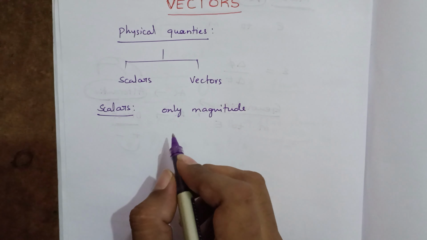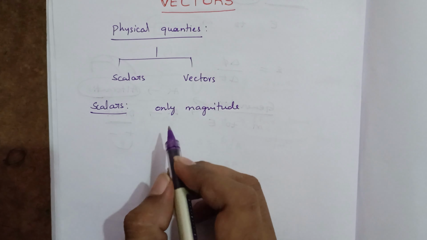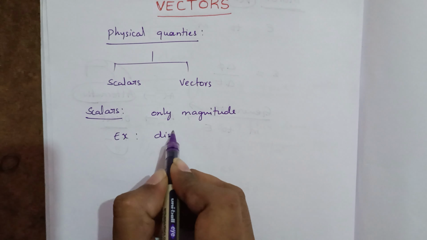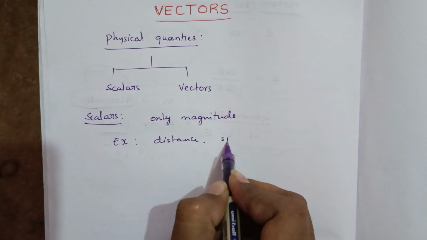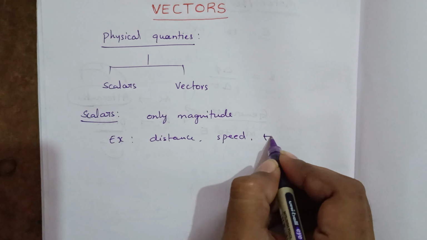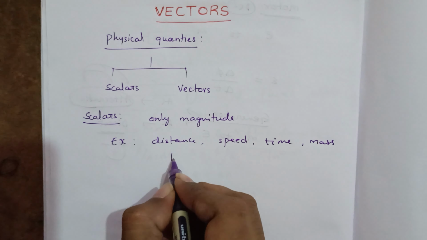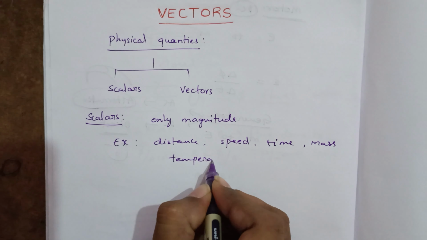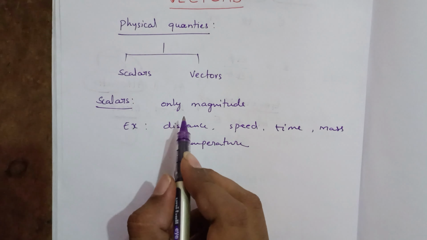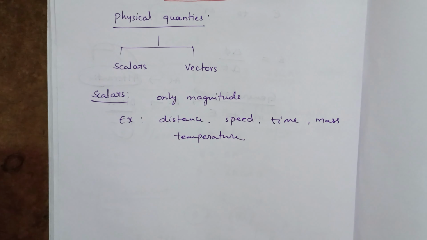Examples: distance, speed, time, mass, temperature. These all have only magnitude. These are known as scalars.